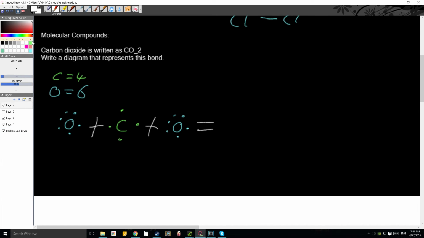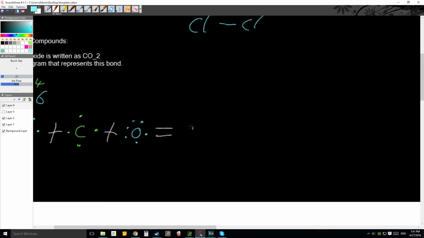So to write this, we'll start with our oxygen, and we'll write 1, 2, 3, 4, and then 5, 6 here, sort of like what we did in the last one. And then we'll write out our carbon, and remember carbon only had 1, so we can just put our 1 carbon in there.